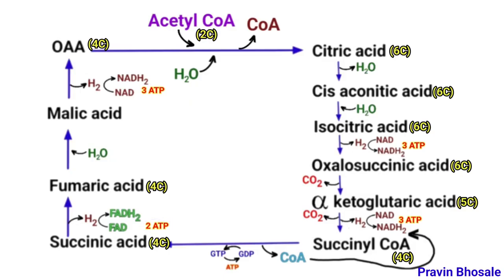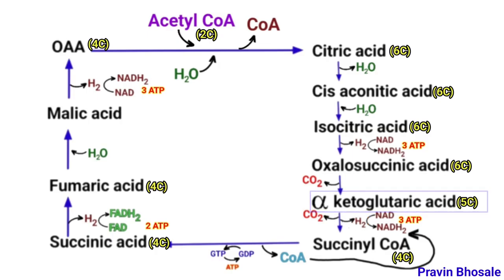One more thing, you can see over here, isocitric acid gets oxidized. There's removal of hydrogen. This hydrogen is accepted by NAD to form NADH2. In this process, 3 ATP molecules are formed. And here, when alpha ketoglutaric acid gets oxidized, there is removal of hydrogen.